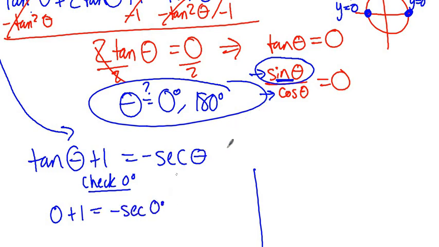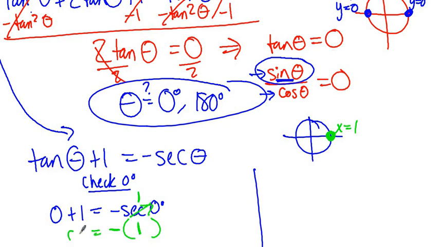Well, secant is the reciprocal of cosine. So if we draw a quick unit circle, cosine of 0 degrees, that's the x-coordinate right there, equals 1. So this would become negative. This thing is equal to 1, so we have 0 plus 1, and that does not equal negative 1. So this is an extraneous solution. That doesn't work. Let's see if the other one works.